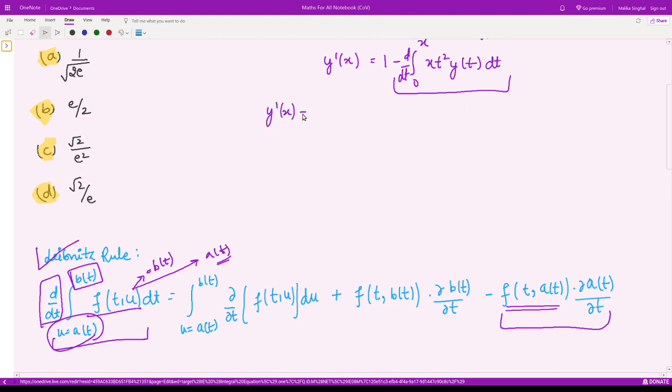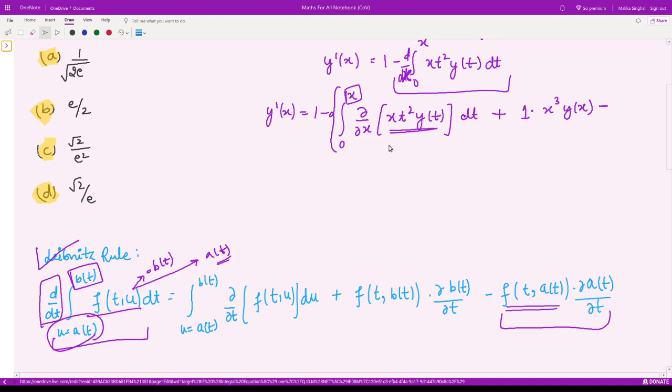So y dash x is equal to 1 minus, the first term is the integration from 0 to x of the partial derivative with respect to x, mind that we are differentiating with respect to x, of x t square y(t) dt. Then plus, putting brackets because of the minus sign, we differentiate the upper limit x with respect to x, which is 1, multiplied by this term where I replace t by x, so I have x cube y of x, minus the term where the derivative of the lower limit gives simply 0.